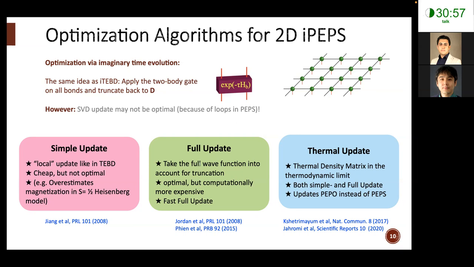Full update is another scheme that updates the tensor by also taking the full environment and the contraction of the whole tensor network into account. This is more expensive, but of course, it is also more accurate.